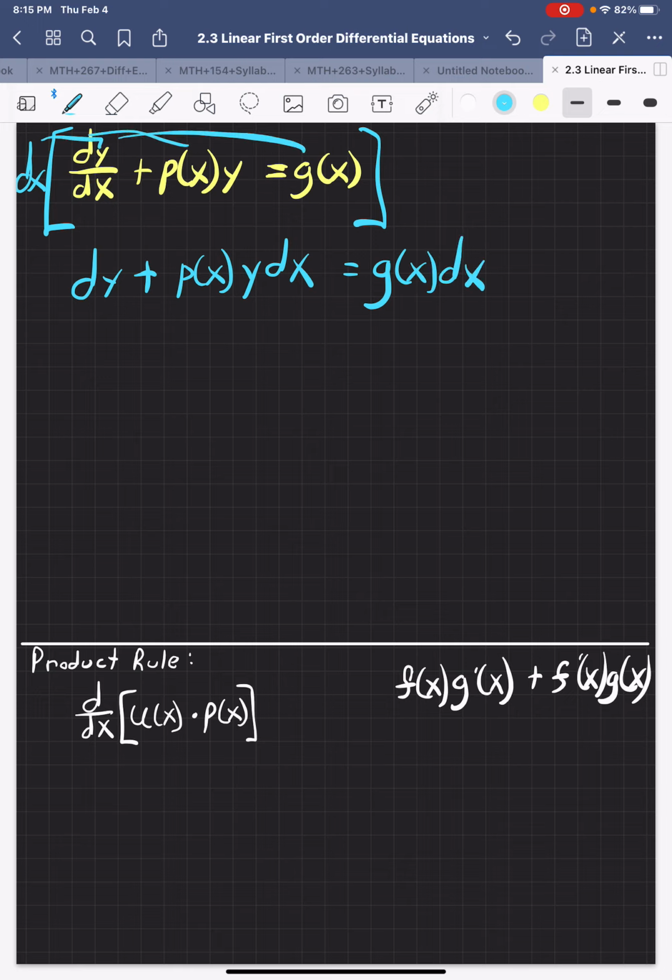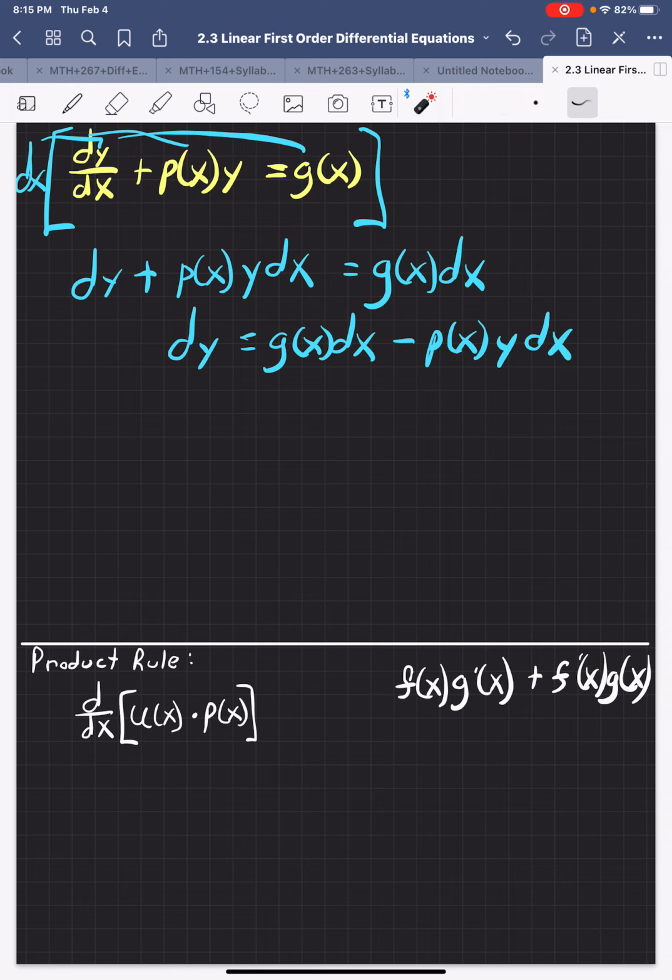So if you first try distributing, well, we could take this entire term and bring it to the other side of the equation. See what that looks like. That would give us dy is equal to g of x dx minus p of x y dx.